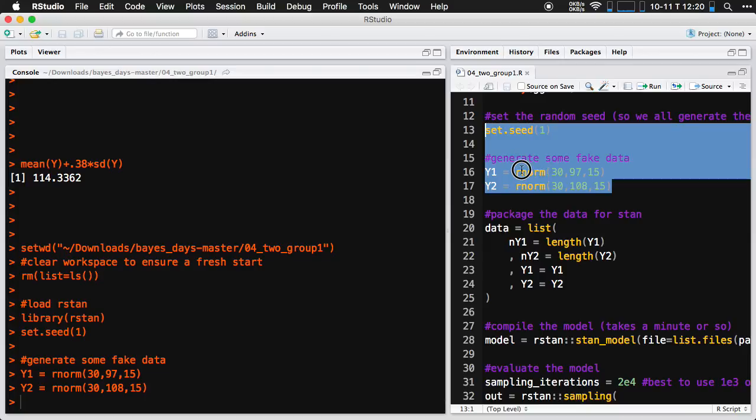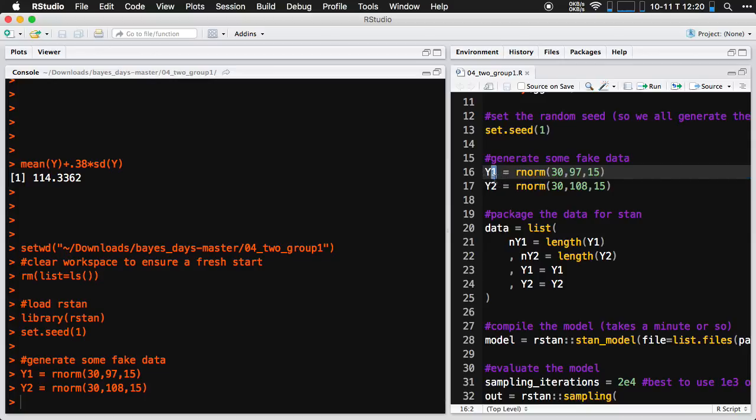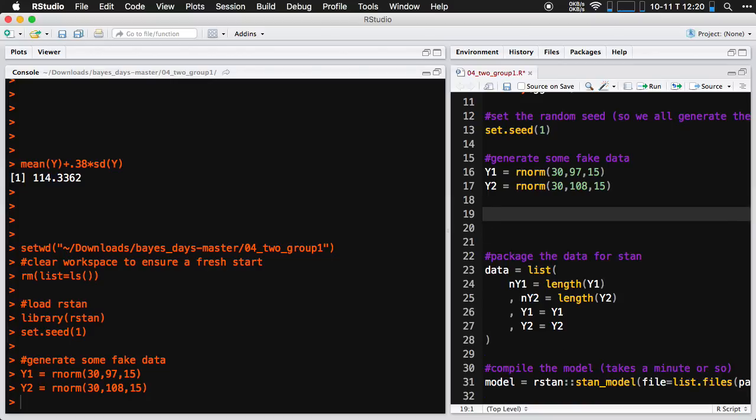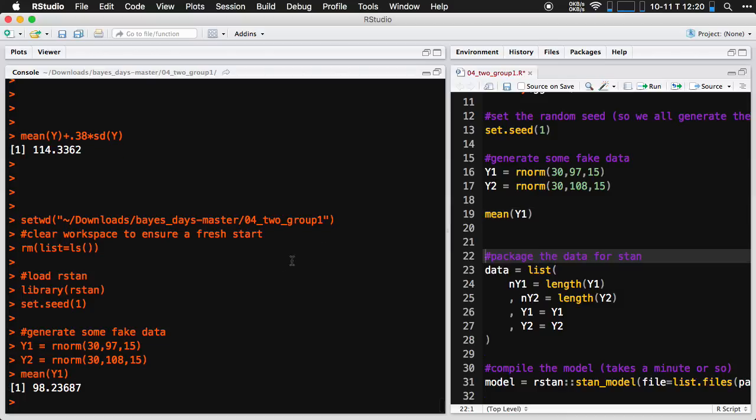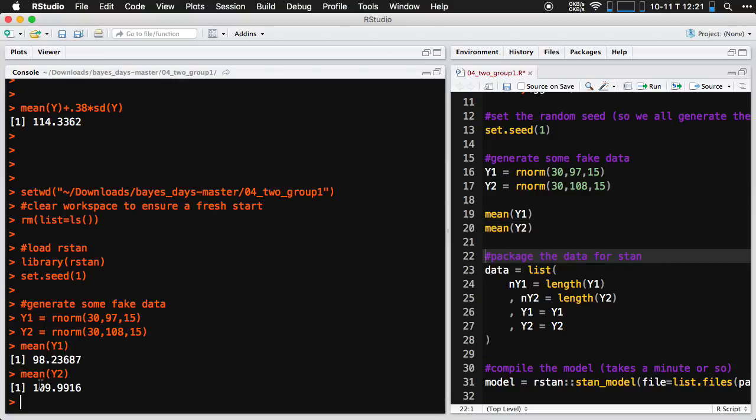What it's doing is creating 2 sets of data, Y1 and Y2. We can look at the general descriptors of these. Y1 has a mean of about 98. Y2 has a mean of about 109 or 110.